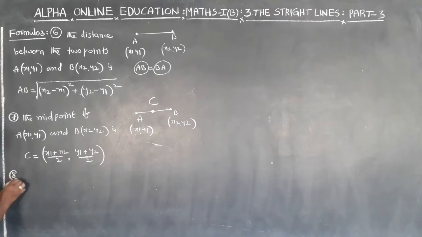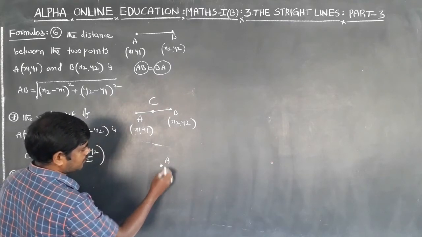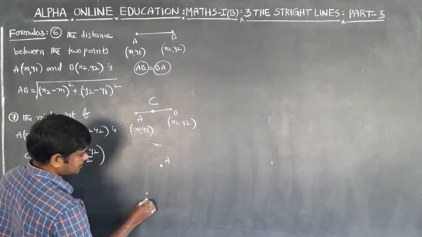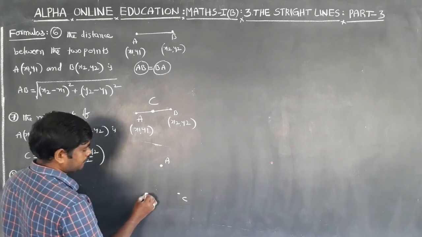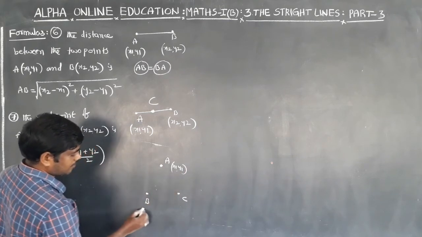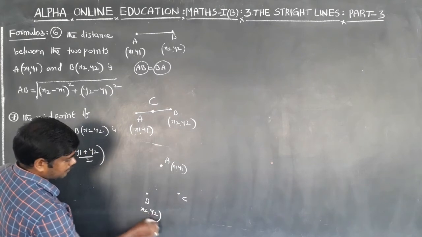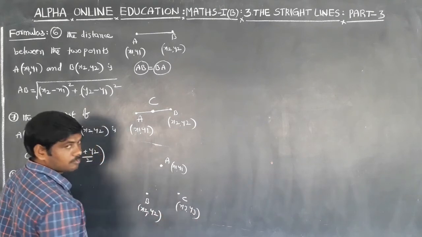Next one is 3 points forming a triangle. This is the first point, the second point, and the third point: A (x1, y1), B (x2, y2), C (x3, y3).